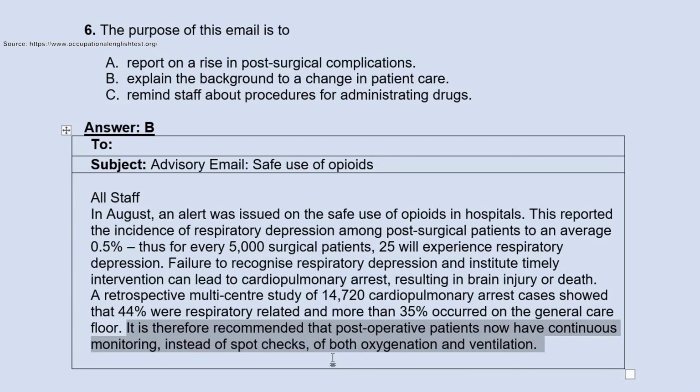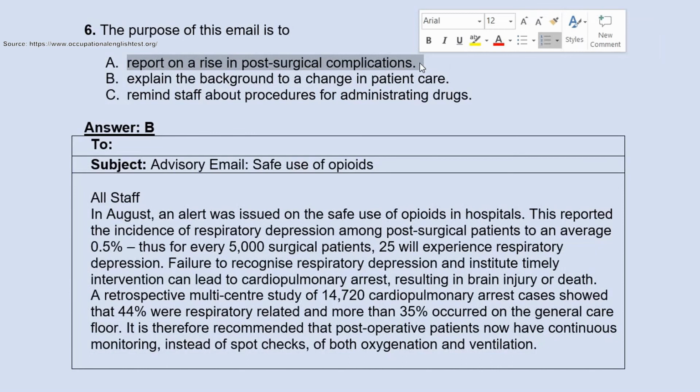Moreover, from the very first line onwards, the reason for this change can be found. The post-surgical complications were increasing, and that's the reason for the change. And that's why option B is the answer. So option B says again, explain the background, or you may say explain the reason, to a change in patient care. Now option A, report on a rise in post-surgical complications.